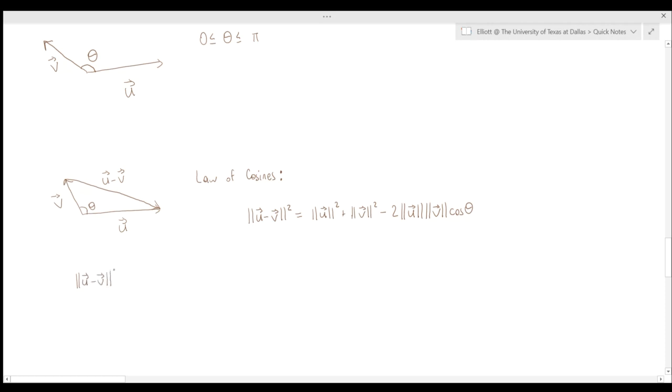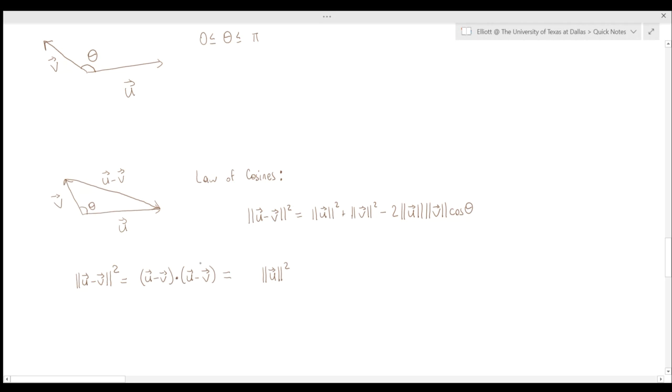we just saw an example of how we could compute the length of u minus v squared as being the dot product of u minus v with itself. And if we FOIL this out, as we just did in the example, you'll get that this is equal to u dot u, which is the length of u squared.